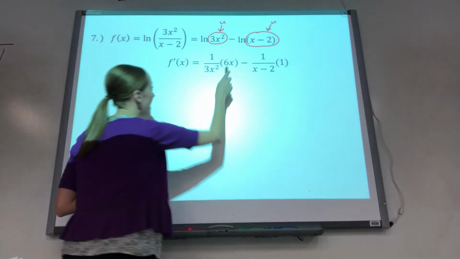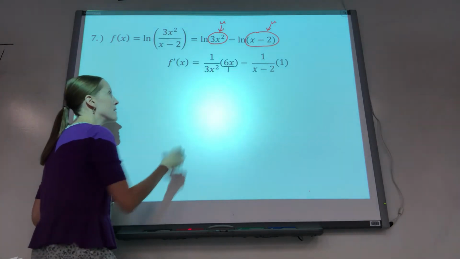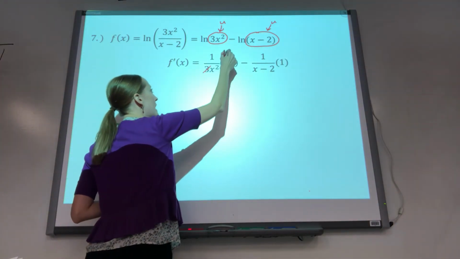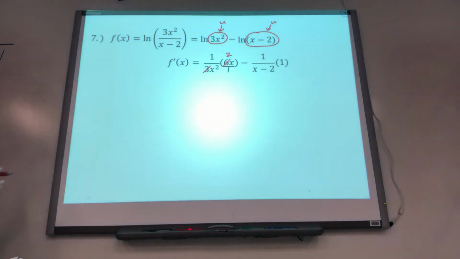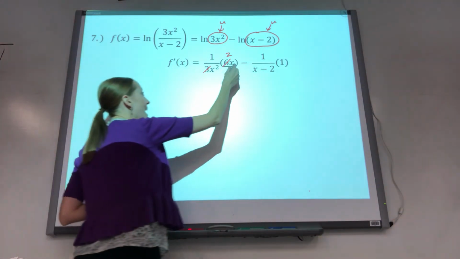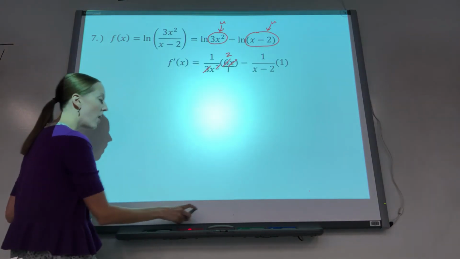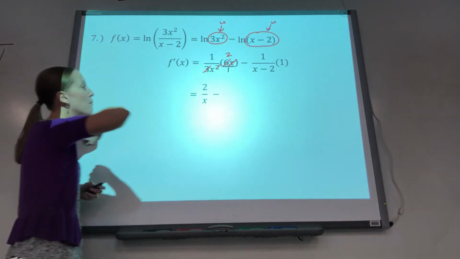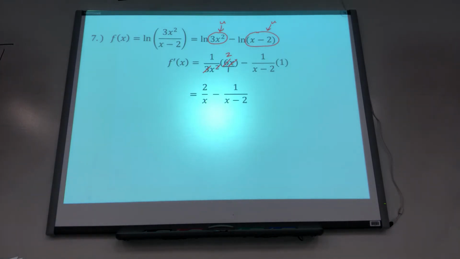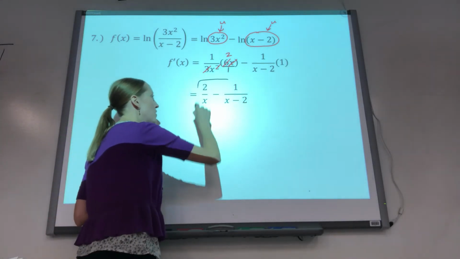Now, simplifying this, you can think of the 6x over 1. Divide by 3. That 3 on bottom will drop out. Now you just have a 2 on top. X, you can divide by x on top and bottom also. So you end up with just 2 over x minus 1 over x minus 2.